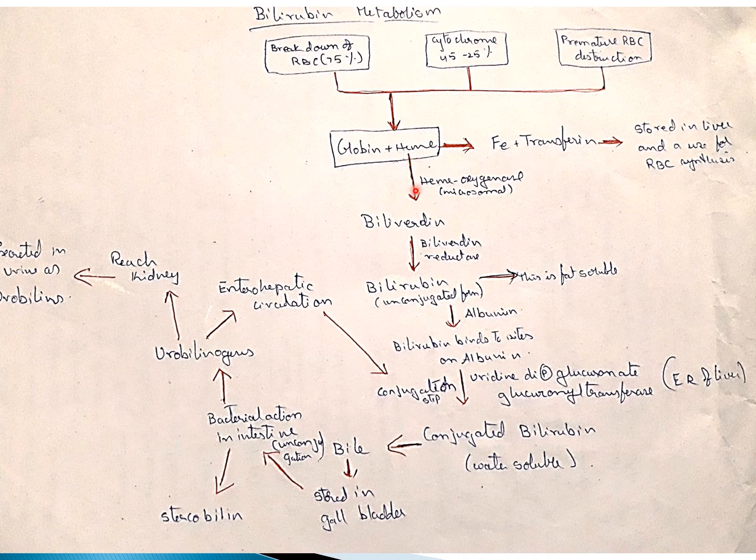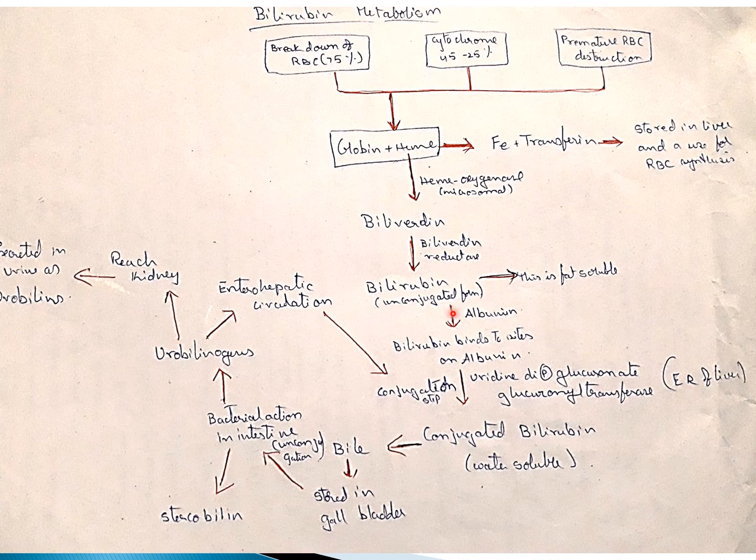Next, this heme undergoes several reduction steps by the microsomal oxygenase system, and we get biliverdin, followed by another reductase acting upon it to get bilirubin. We know that this bilirubin is the unconjugated form, which is fat soluble, and this is transported by albumin.